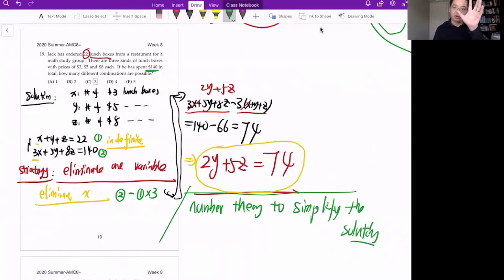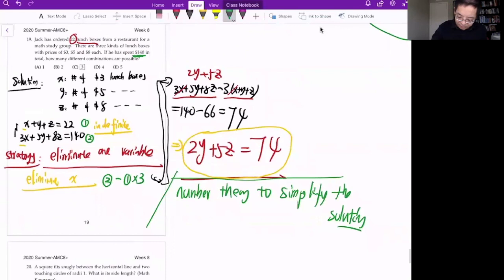First we use an algebraic approach to eliminate one variable. Then, because all the solutions have to be integers, we can apply number theory to simplify the procedure. By number theory, as I said, this term has to be even, so z has to be even.